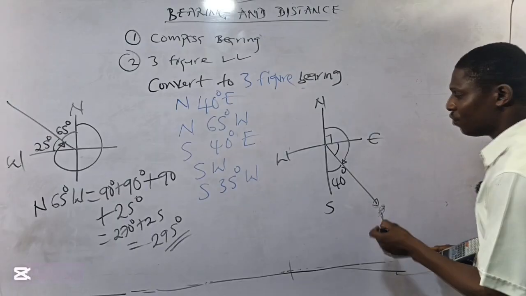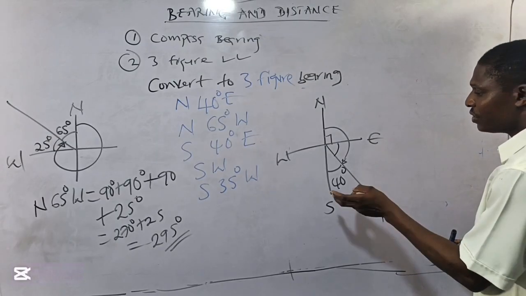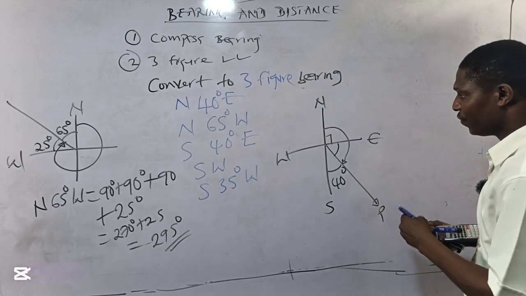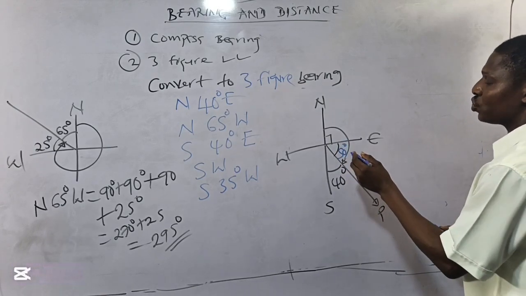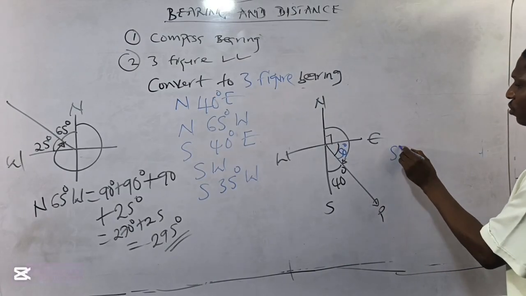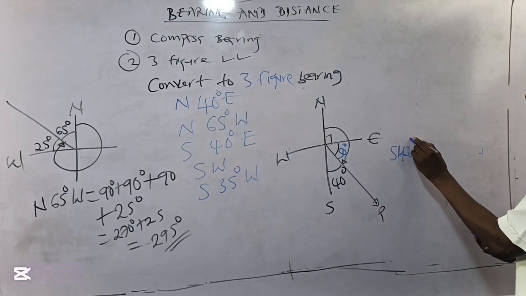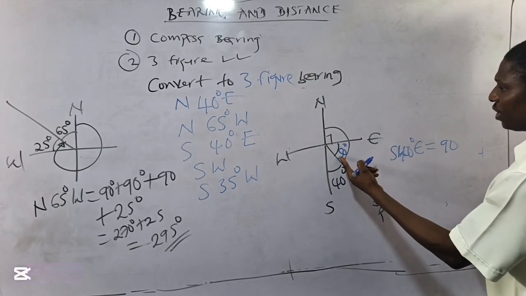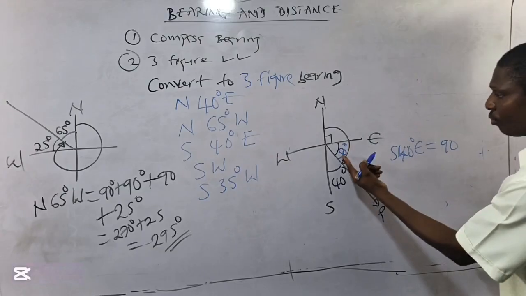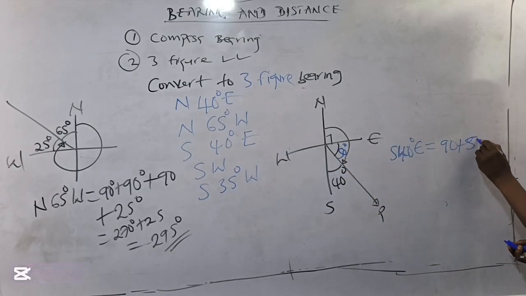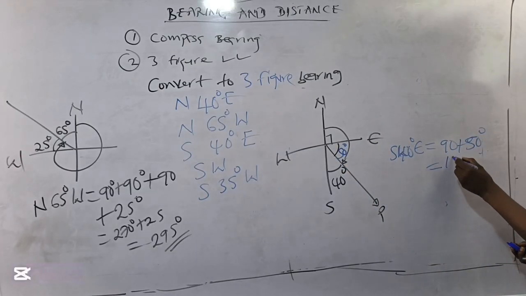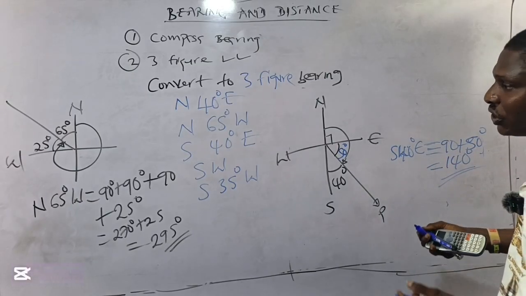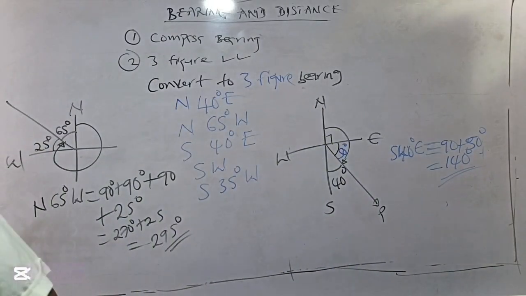To get this little angle, it is simply the angle of southwest, which is 90 minus 40 degrees, which will give you 50 degrees. So the bearing equivalent of south 40 degrees east will be equal to this right angle, which is 90 degrees, plus the northeast 90 degrees, plus this 50 degrees here, which will give you 140 degrees. This is the equivalent of south 40 degrees east.